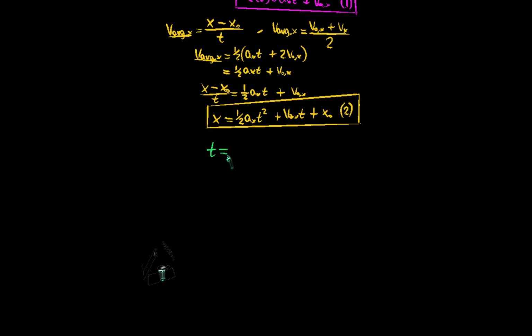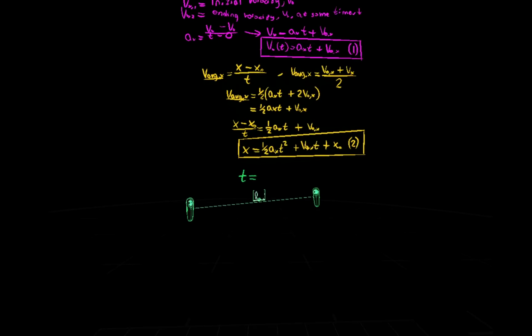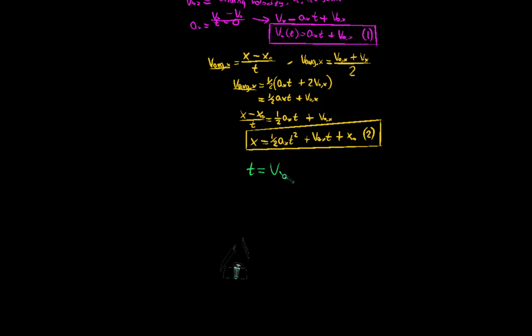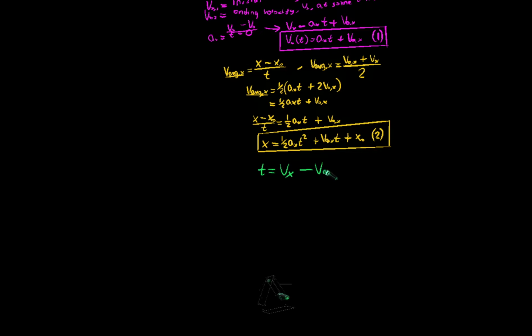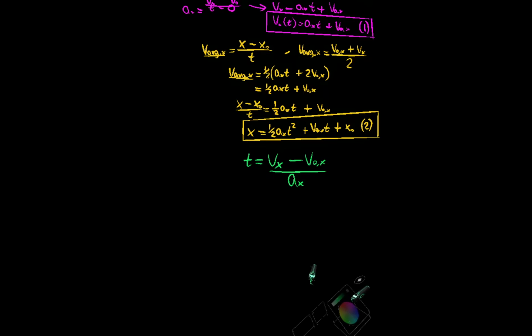So if we solve equation 1 for t, t is equal to Vx minus v naught x, divided by ax. Did I do that right? All right, and then we're going to substitute that into equation 2.